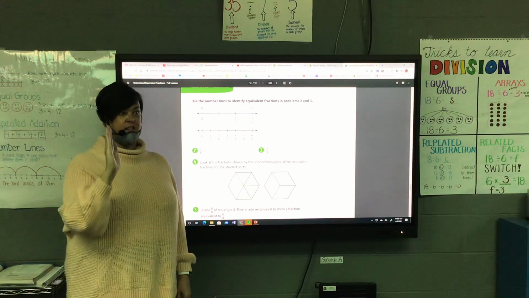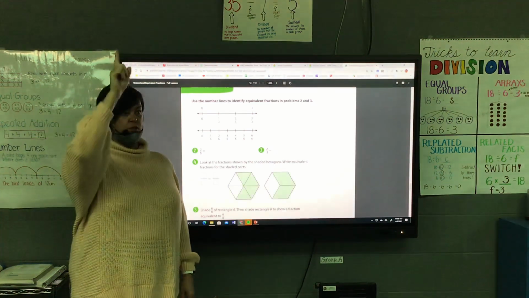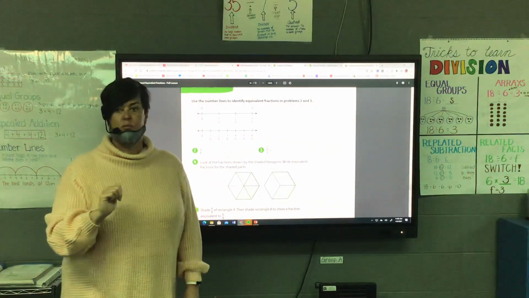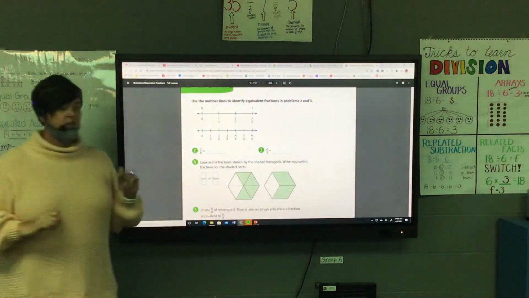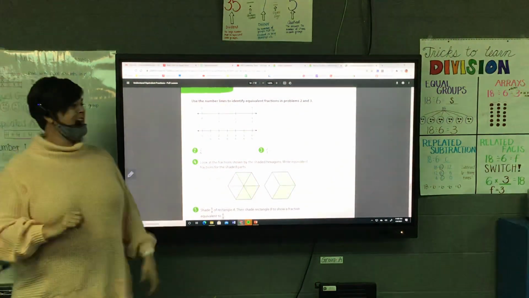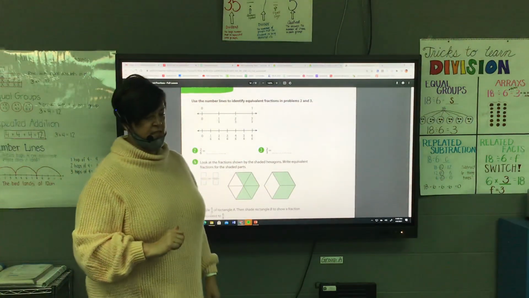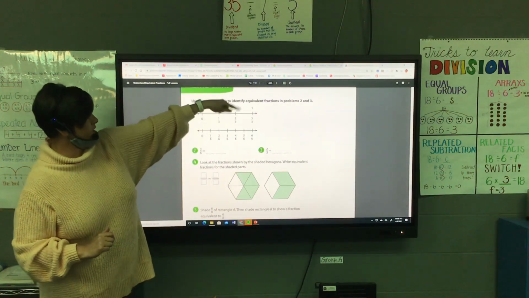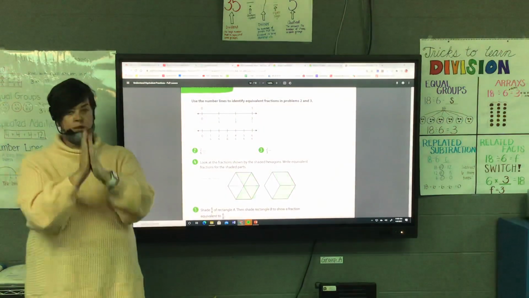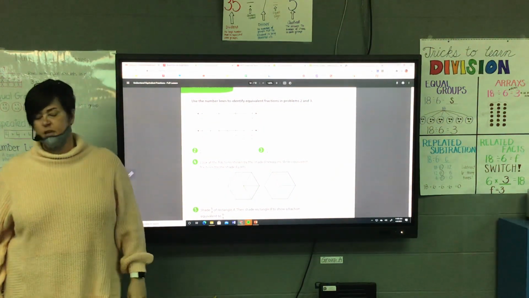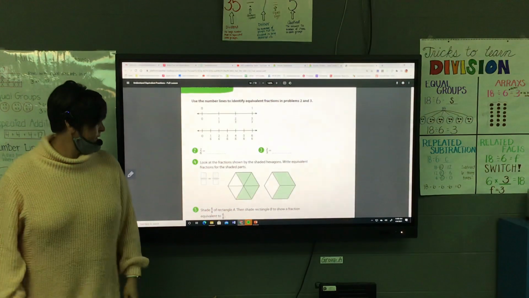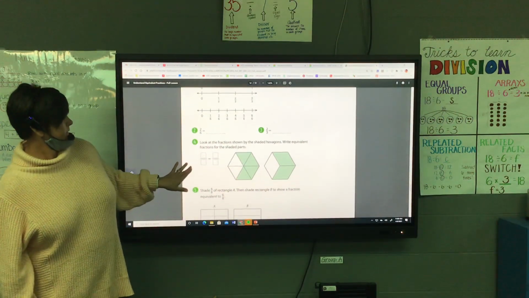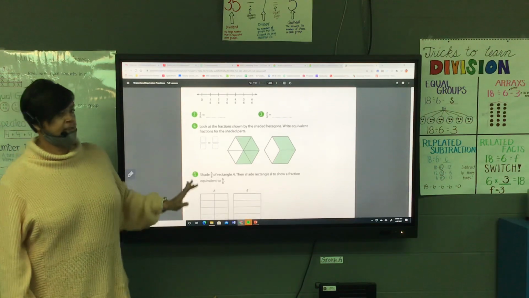Do you see the fraction that is equivalent to 2/6? Yes or no? Yes. Write that fraction down. Write the fraction that is equivalent to 2/6. And then do the same thing for 2/3. This time they're having you look up here. Now look down below and write the fraction that's equal to it. Got it?